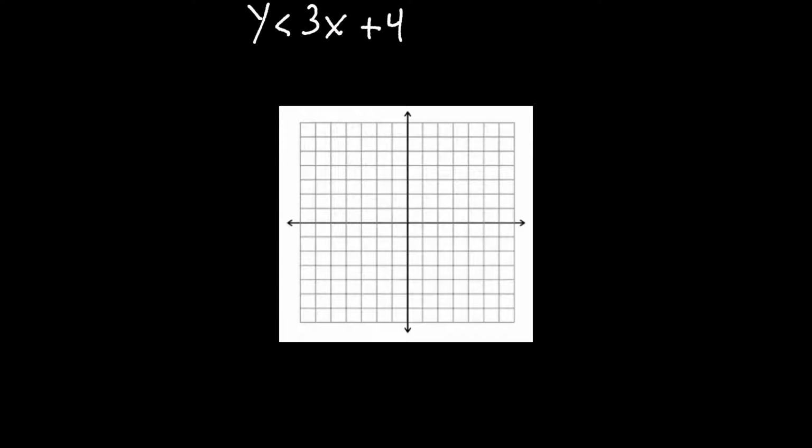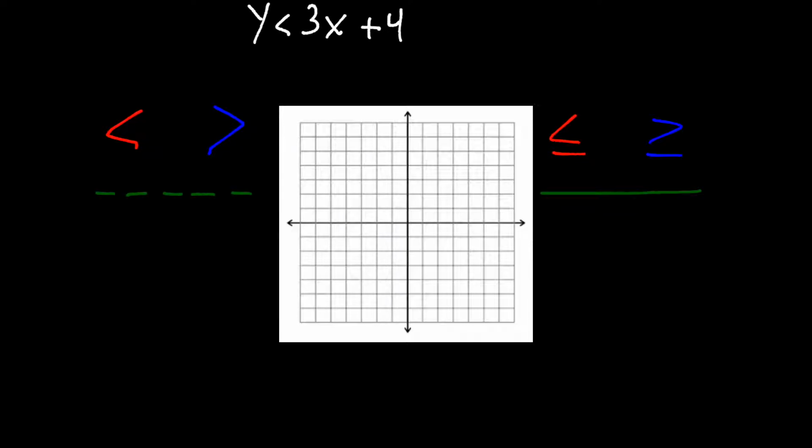The inequality symbols tell us what type of line we are going to use. So if I have a less than or a greater than, this means our line, which I'll draw in green, is going to be dashed. It is not a solid line. And if we have an inequality that is less than or equal to, or greater than or equal to, this means we are going to have a solid line between all of our points.